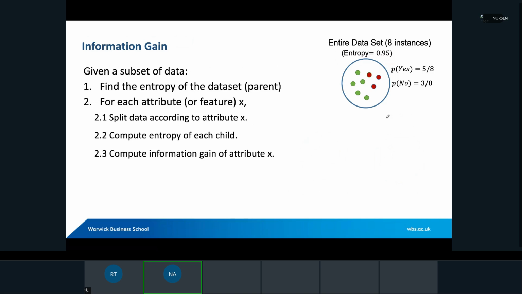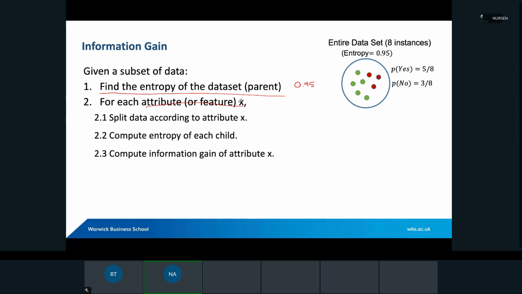Okay. So if we check the steps, how we do it, we first calculate the entropy of the entire data set, which we already did, 0.95, without using any features, only checking the target distribution. Then for each feature, we do it separately. We start with any feature. Since it's an independent operation, it doesn't have any impact on the order of the features.